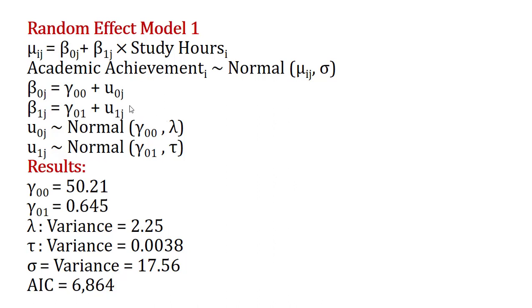But as I mentioned many times now, we are not interested in getting these 4 values, and we are not going to use these 4 values. We are going to say that these values come from a normal distribution with this mean and some variability, which we use the Greek letter tau to represent.